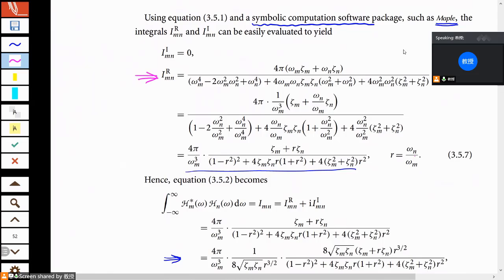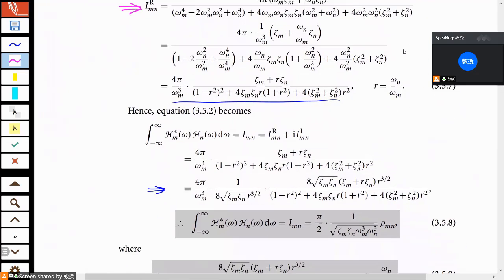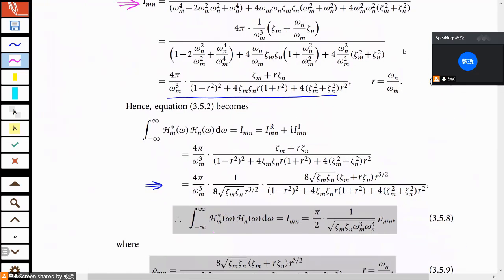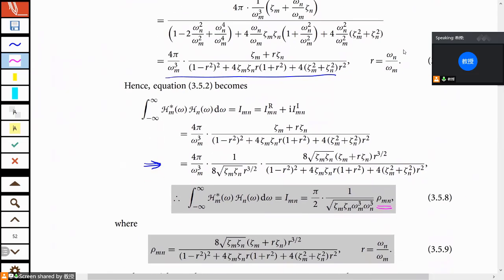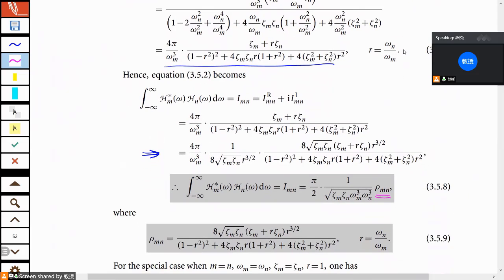Okay, so we find the integral, and then the coefficient of correlation between the mth mode and the nth mode.